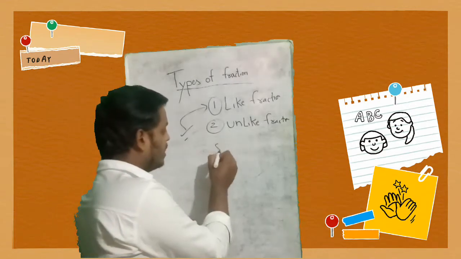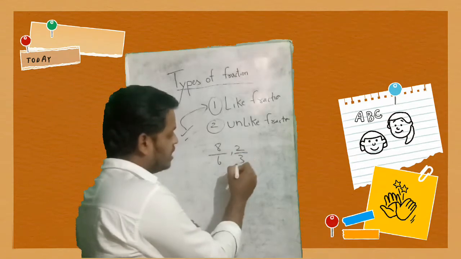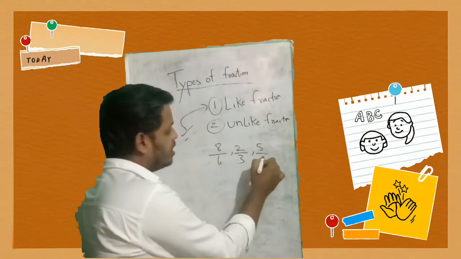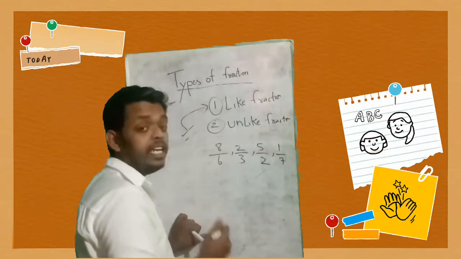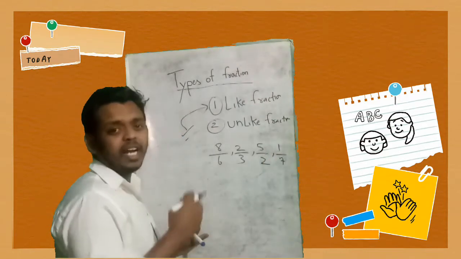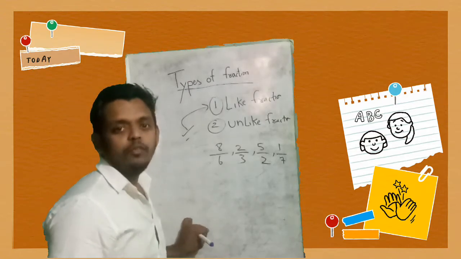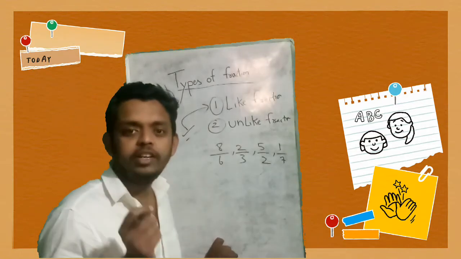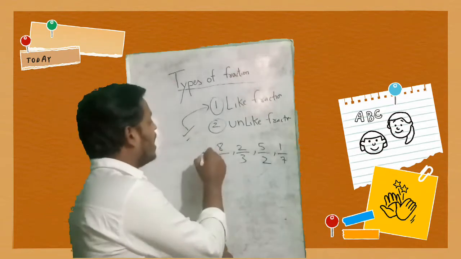Suppose I write 8 by 6 or else 2 by 3 or else 5 by 2 or else 1 by 7. Here you can notice all the fractions have different numerators and different denominators. Those fractions are collectively called unlike fractions.